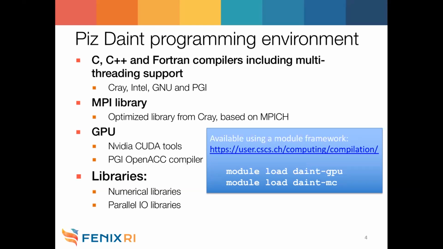As a highlight, I added some details here where you can go on the CSCS website. When you enter the system, if you specify which type of environment you want, namely GPU or multi-core, you will get one default version, a complete default environment of one of these.